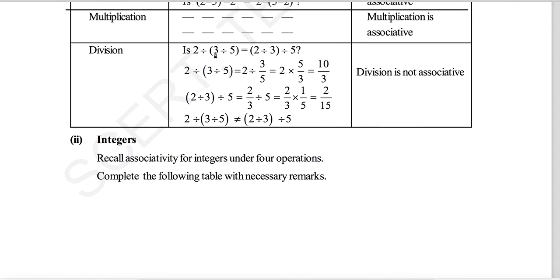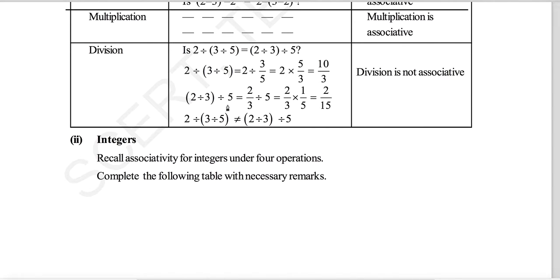Why? Because is (2 by 3) by 5 equal to 2 by (3 by 5)? Is that possible? Let us take (2 by 3) by 5: 2 into the multiplicative inverse of 3 is 2 by 3, then by 5, multiply by 1 by 5, which gives 2 by 15. Now 2 by (3 by 5): 2 into 5 by 3, because 5 by 3 is the multiplicative inverse of 3 by 5, so 10 by 3.